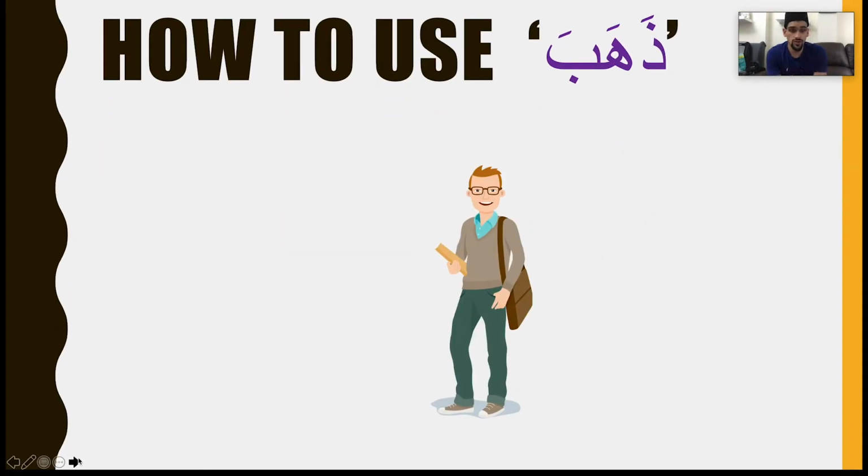How to use dhahaba. The way to say he went in Arabic is dhahaba. Notice dhahaba is only one word, but in English, he went is two words. This is another beautiful quality of Arabic: in a short word, so many words come out when it's translated into English.